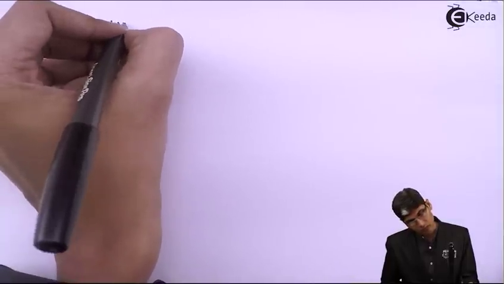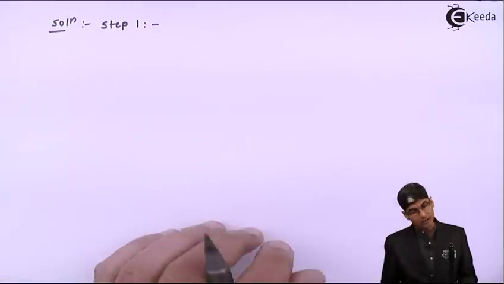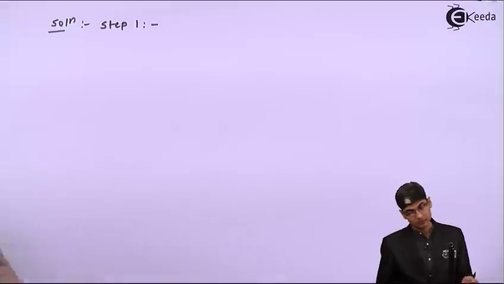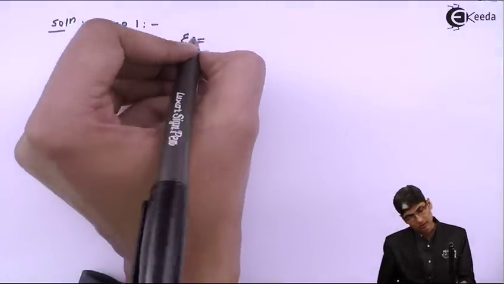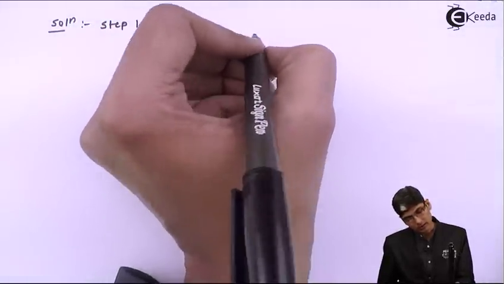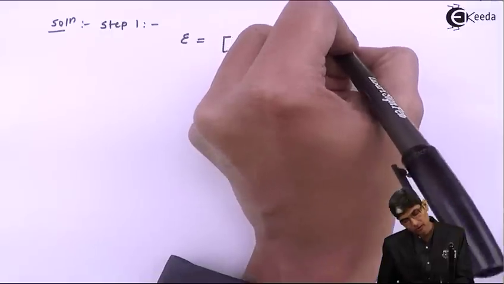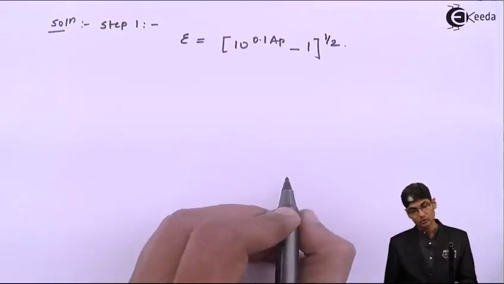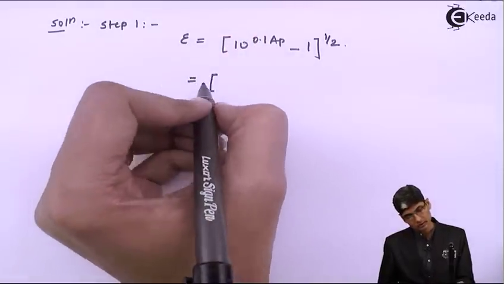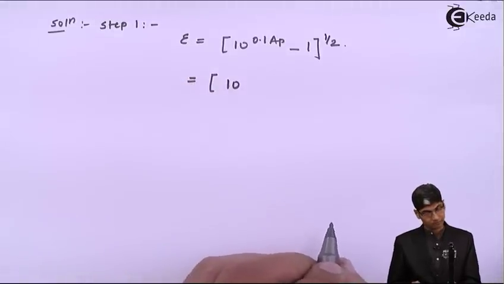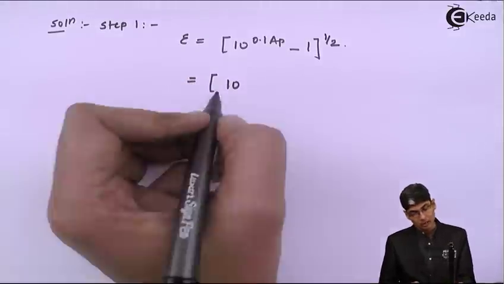Step 1. In step 1, we are going to find the value of epsilon. So epsilon is equal to 10 to the power 0.1 AP minus 1, the whole raised to 1 by 2.